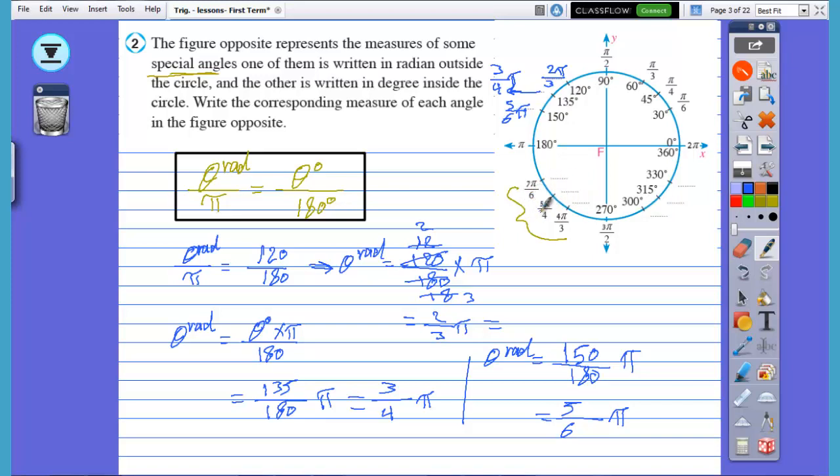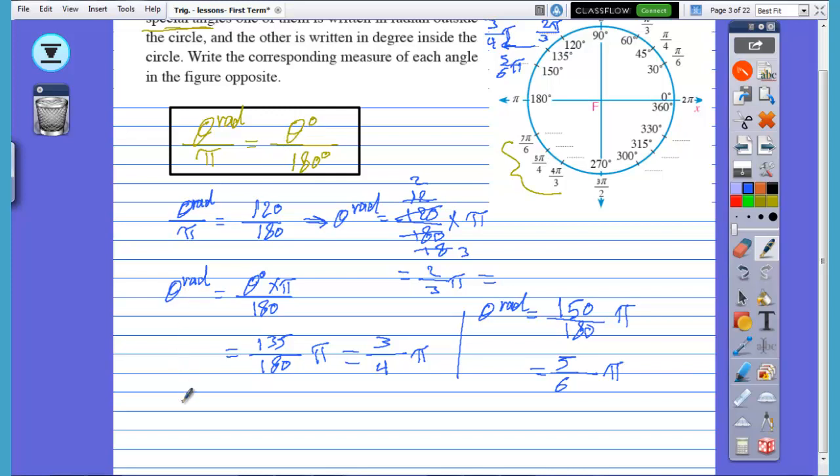And the same here, the same rule to convert from theta radian to theta in degrees. We have the rule: theta degrees, which is required, equals theta radian over pi multiplied by 180. Theta radian here is 7 over 6 pi, so 7 over 6 pi over pi multiplied by 180.